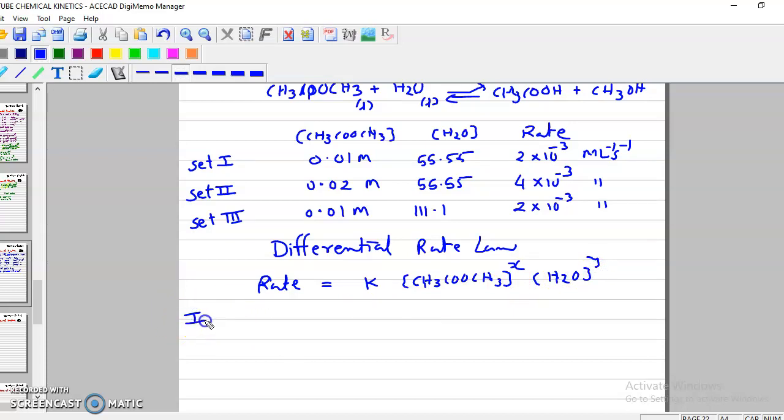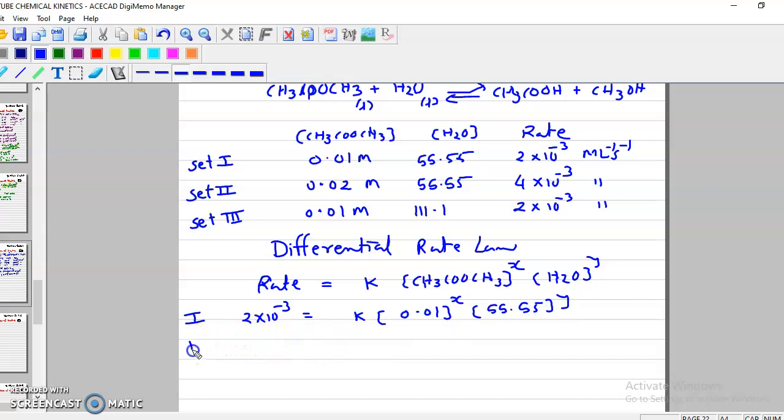So according to set 1, rate is 2 into 10 raised to minus 3, which is equal to K into moles of ester 0.01 raised to x, and here 55.55 raised to y.